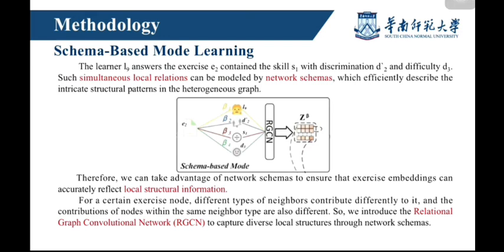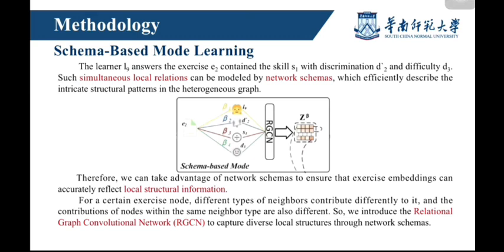Then, the next learner answers the second exercise, which contains the first skill, with the second discrimination and the third difficulty. Such local relations can be modeled by network schemas. Therefore, we can take advantage of network schemas to ensure that exercise embeddings can accurately reflect local structural information.